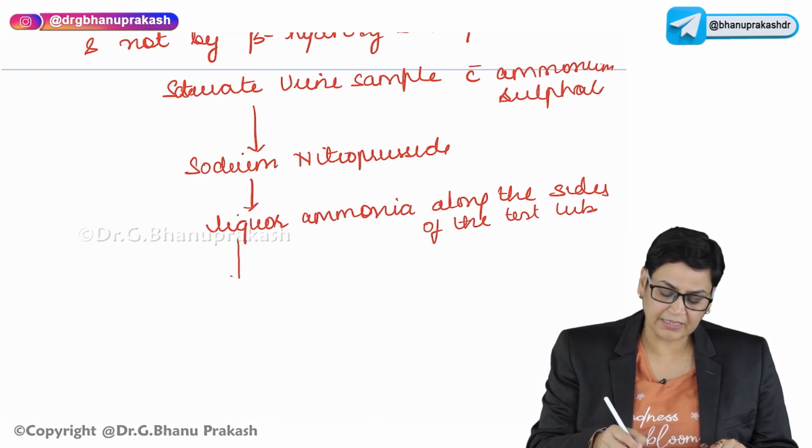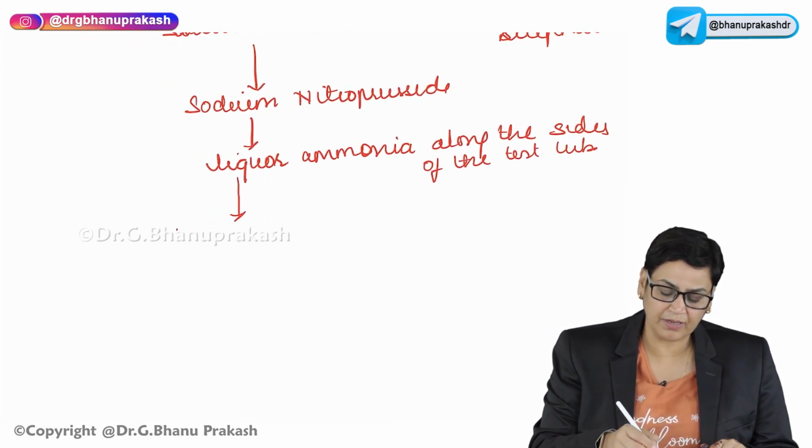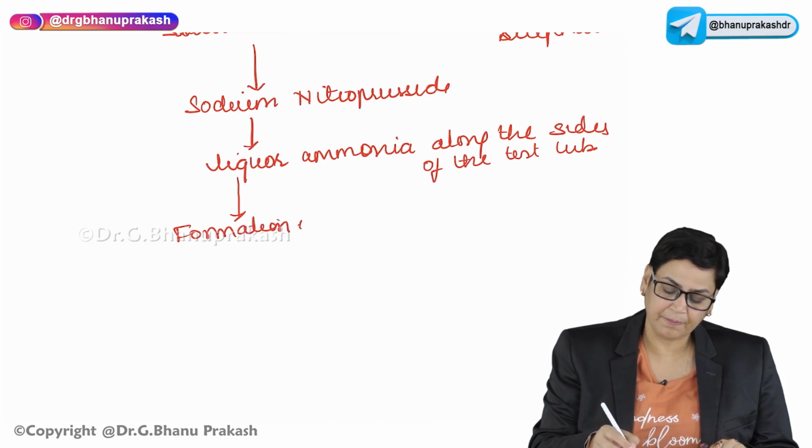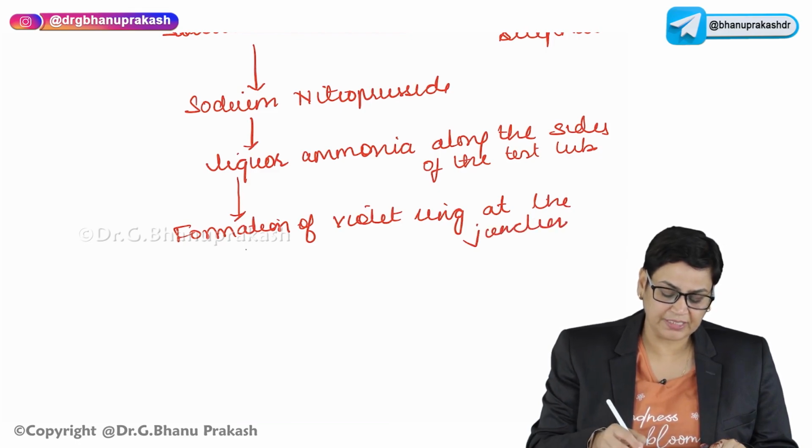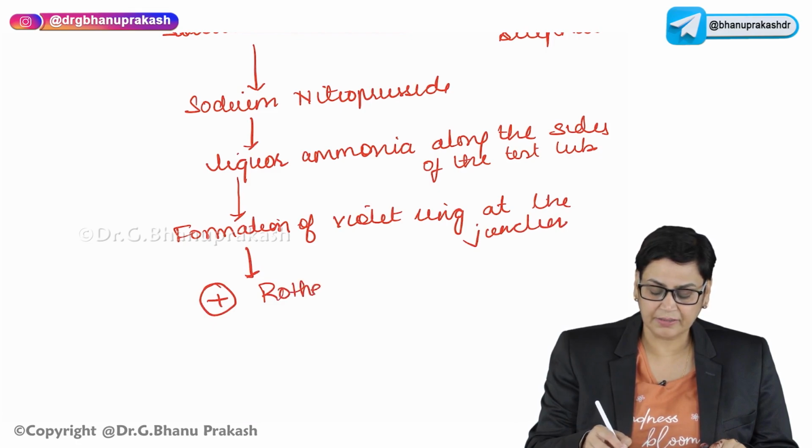So there is formation of a violetish ring at the junction. So we say that it gives a positive Rothera's test.